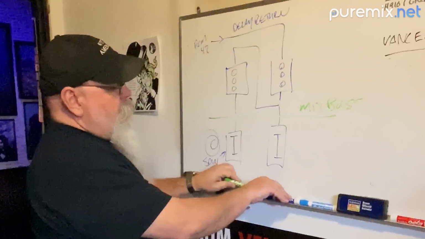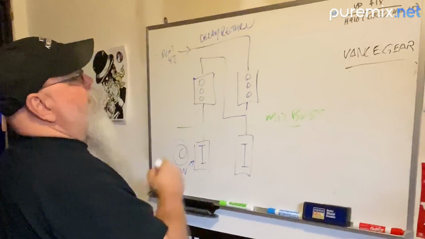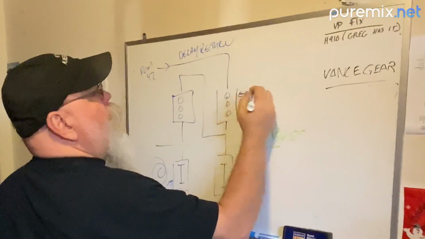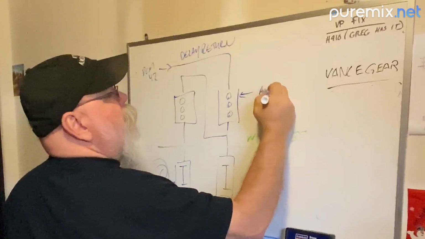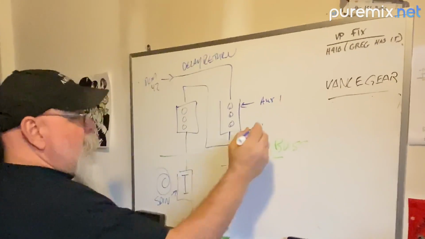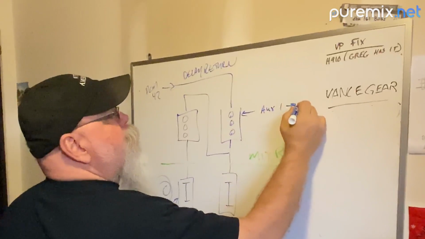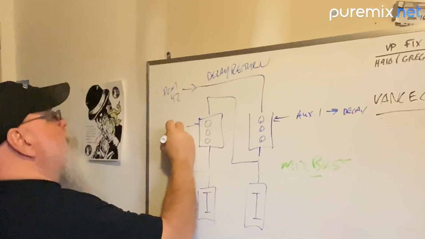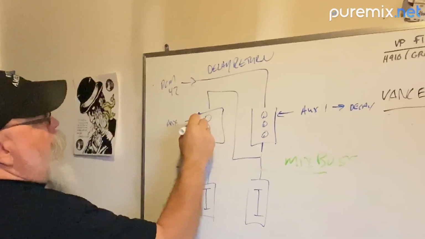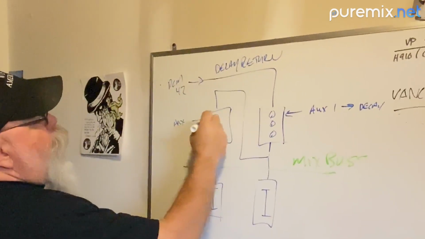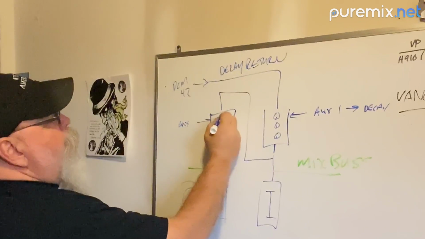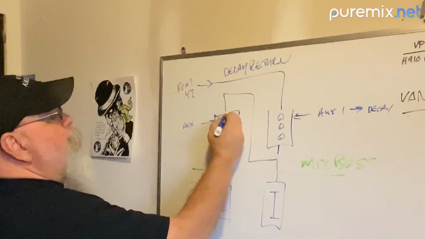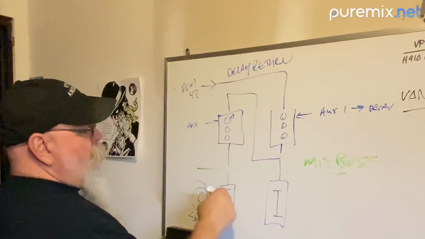What's important here is that this send on our console, let's say this is aux 1, is going to the delay, which means this aux 1 here is the same thing. Now, this channel, we're going to turn up to nominal, somewhere like 7, and we're going to put this fader all the way on the ground.